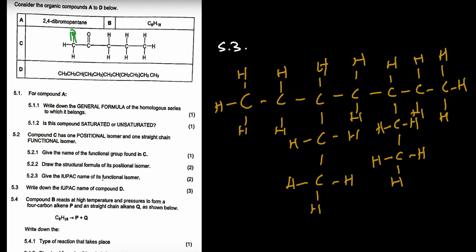So if we should label the structure, we should find the longest chain. If I look at this now, I'm going to have 1, 2, 3, 4, 5, 6, 7. That's one chain I see. Let me see if I do it like this. 1, 2, 3, 4, 5, 6, 7 is still 7.